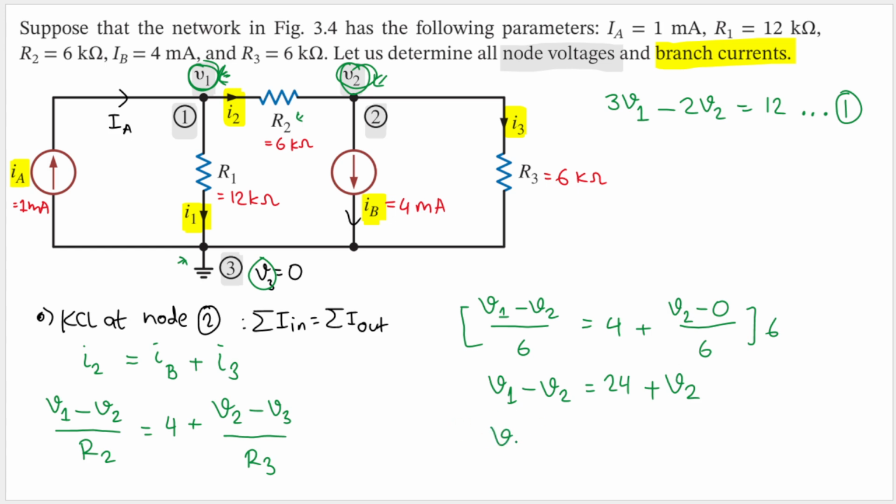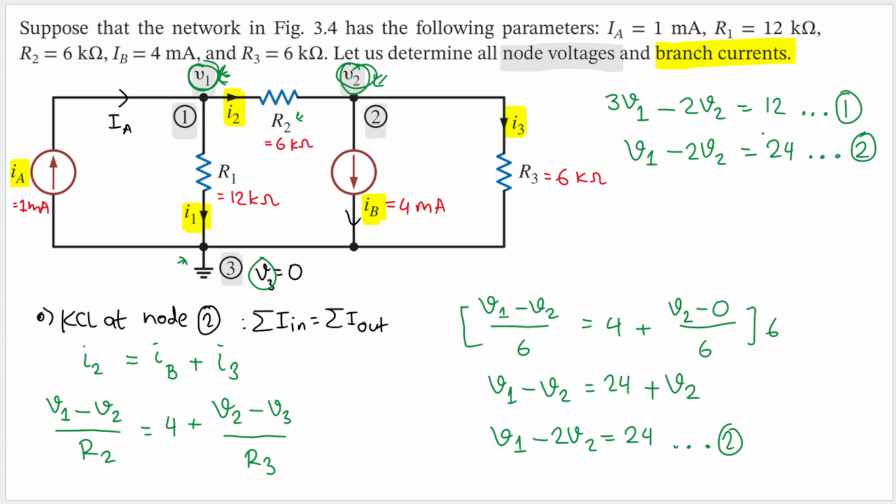So we'll have V1 minus 2V2 is equal to 24. Let's save this as equation number 2.